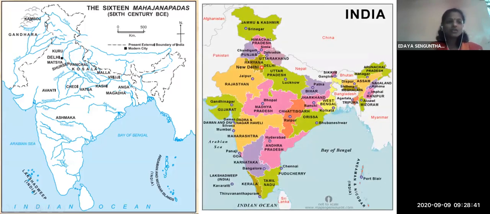See, Kamboj. Where was Kamboj in the present map? Anybody can answer? In today's map, where can we write Kamboj? Yes, say beta.